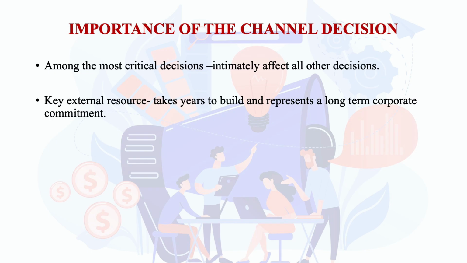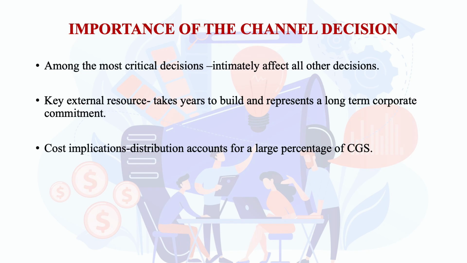This has a major cost implication, because if you look at the cost of goods sold in a country like ours, distribution costs contribute a very large percentage of it, which is partly the appeal of digital marketing. When people can eliminate some of these delays and costs, they sometimes like to take that option. It is also called the dark continent of cost economics, because there are so many hidden costs in the distribution channels.